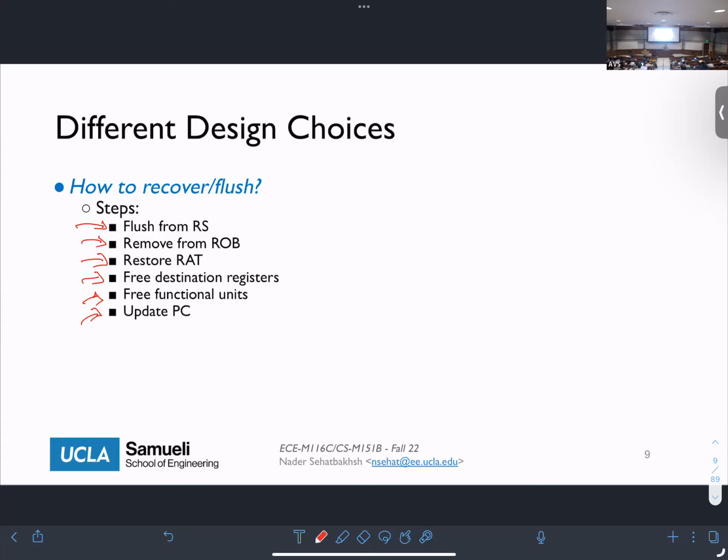Essentially, all we say here is that whatever steps we took when reading one instruction and putting it into our renaming and reservation station and ROB, you just need to revert all of those step by step. And now you can see why, for example, we keep track of the old register, why we store things in our ROB and reservation station and so on. All of these things are for the scenario where we made a mistake, and then we need to go back and fix that issue. Okay, any question here?